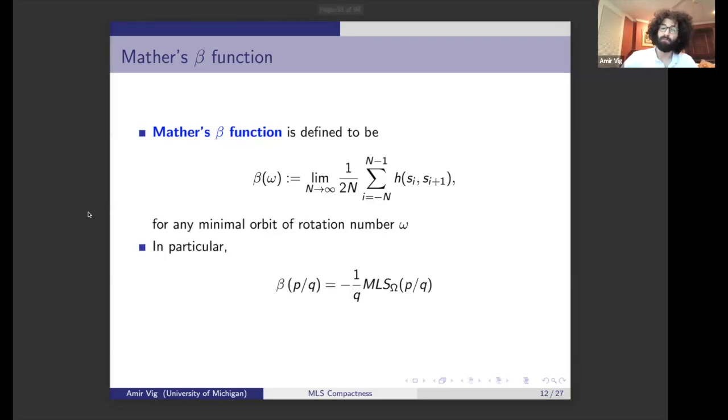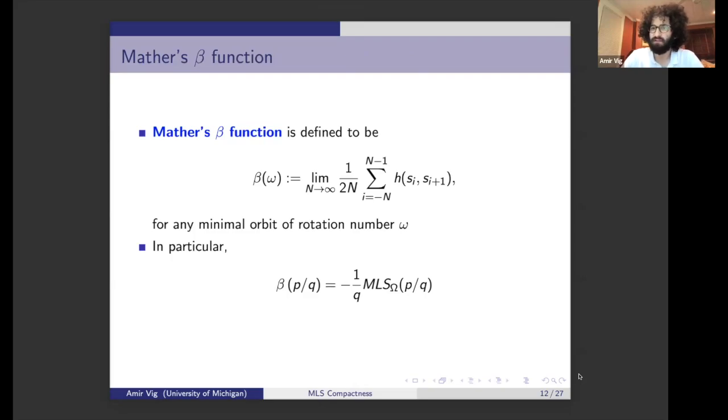So in particular, if we have a rational rotation number, so omega is p over q, then here 2n is the number of bounces. That's the number of links. If you just divide by the number of bounces, this is the same thing as Mather's beta function. So the length spectrum and Mather's beta function are essentially the same. Mather's beta function has just been renormalized. Okay.